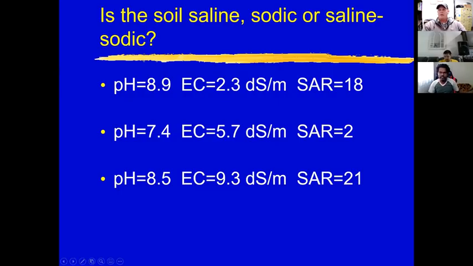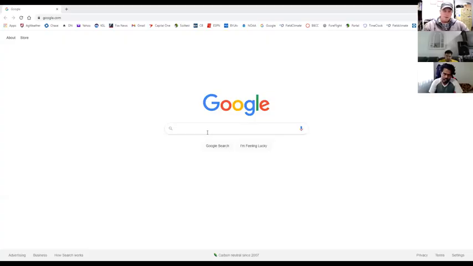Oh, let me stop the share here for a minute and get out of PowerPoint, because I want to show you guys some of the different crops and how they react to salt, because they can be very, very different. Let me go here to the old Google. Share my screen again. Okay, can you see my Google there?